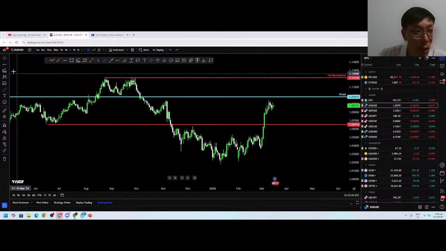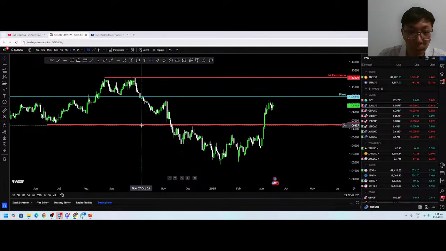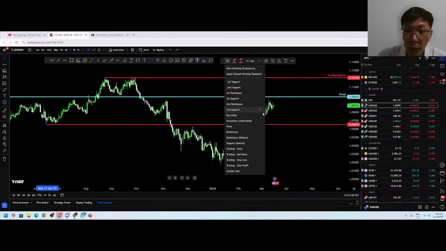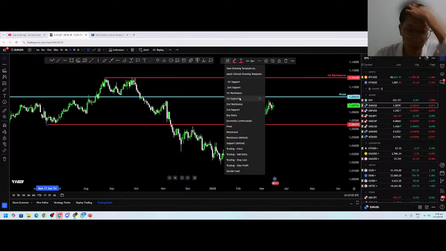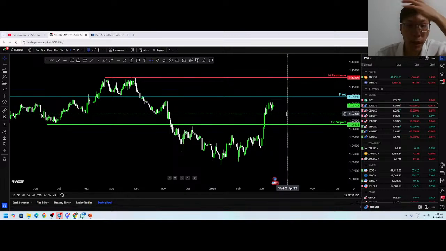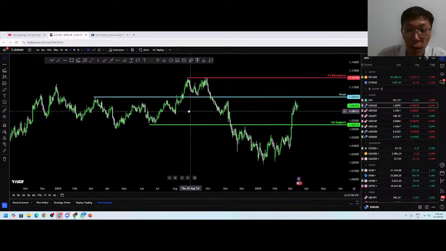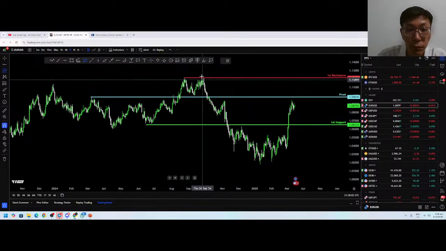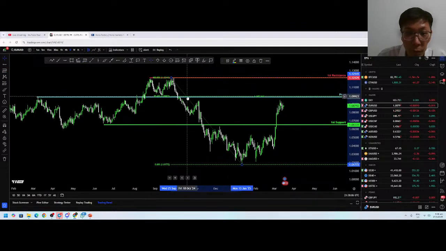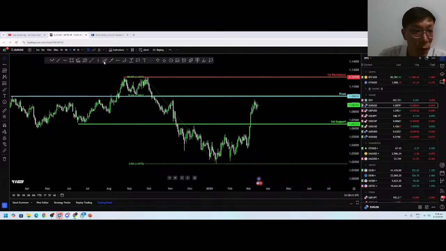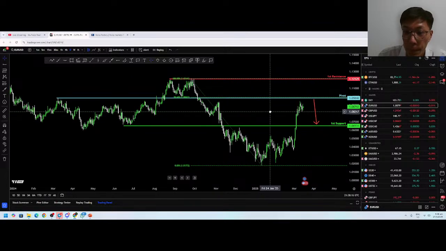Okay, let's see how this might play out, because we definitely need some correction before price bounces again. So let's place this as our first support. Then if we want to look at fib levels, let's see if we can find any. We have this 78.6% Fibonacci retracement level at our pivot point. So we'll place this as our bearish area.